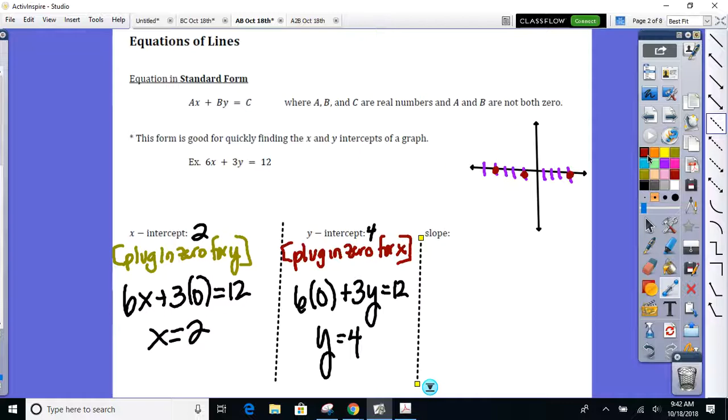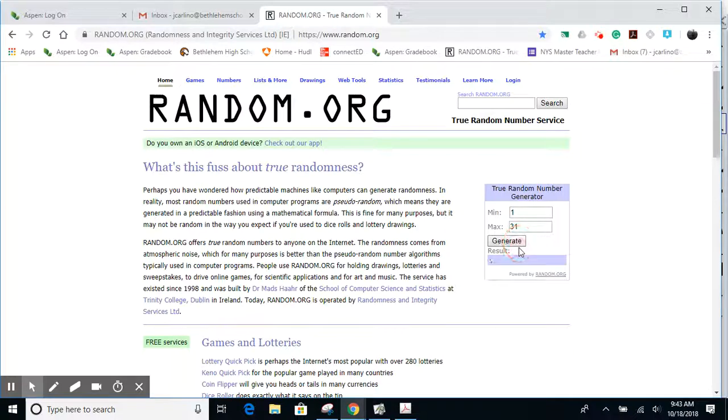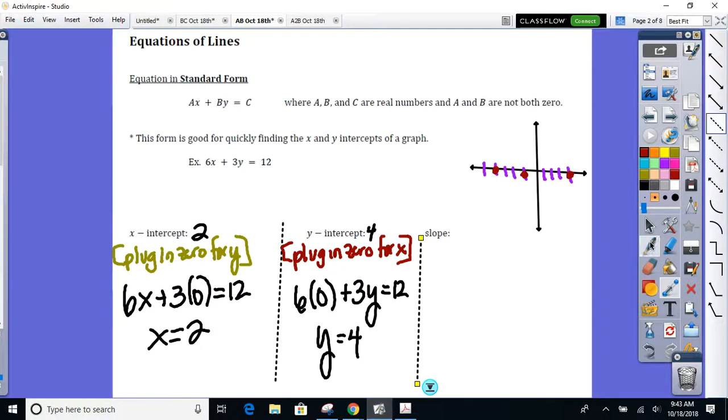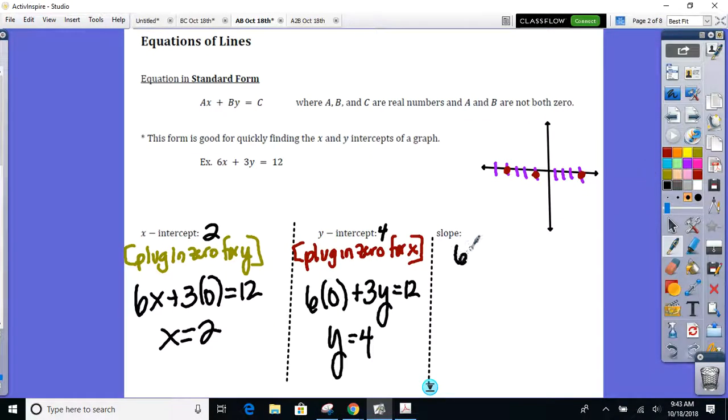Okay, so I need 6x plus 3y equals 12, and all I need on the left side is the y. So what can I move over first? All right, what can I move over first to get y by itself? Okay, how? Okay, here we go, everybody. Subtract over 6x.